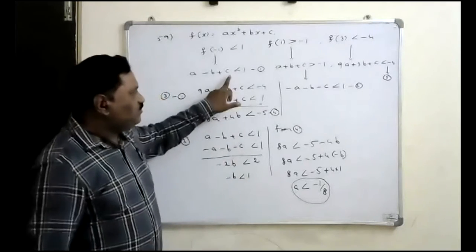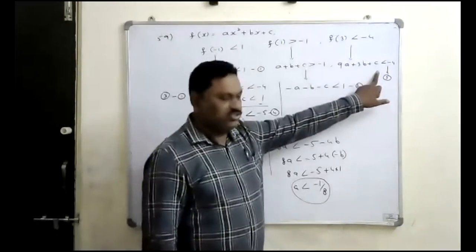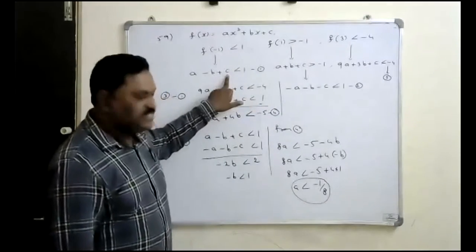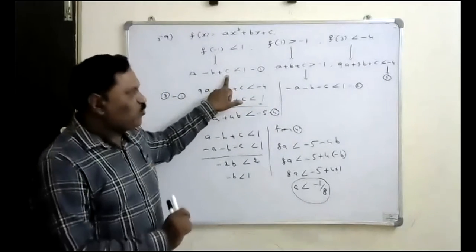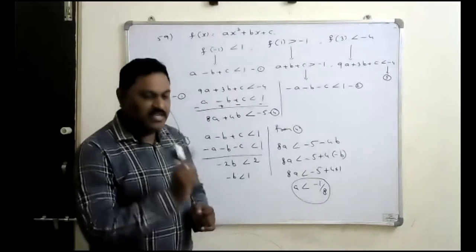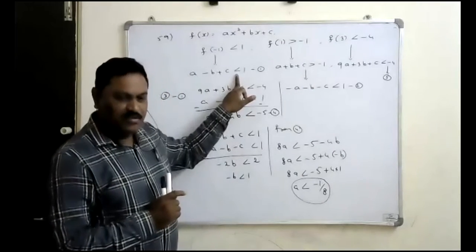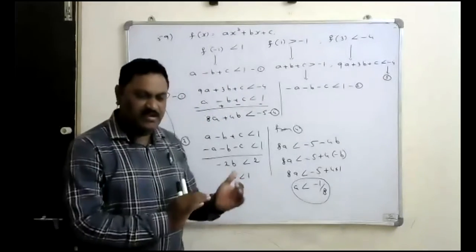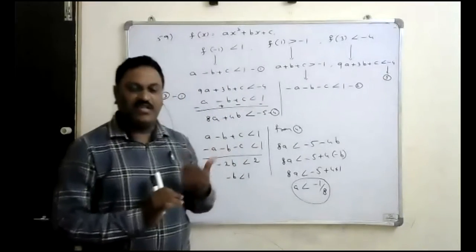To eliminate that, observe the first equation and the third equation. If you subtract them, here plus c is there, here also plus c is there. Always remember this point: whenever you want to add or subtract any two inequations, they should have the same sign. Both of them should have the less than sign or both of them the greater than sign. Then only you can add or subtract the inequations.